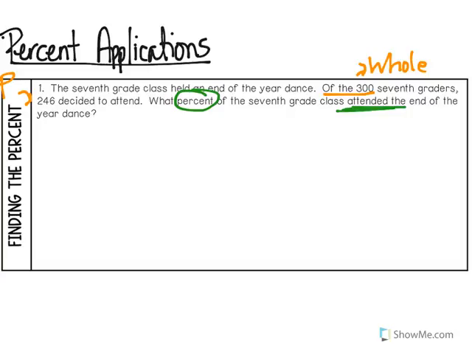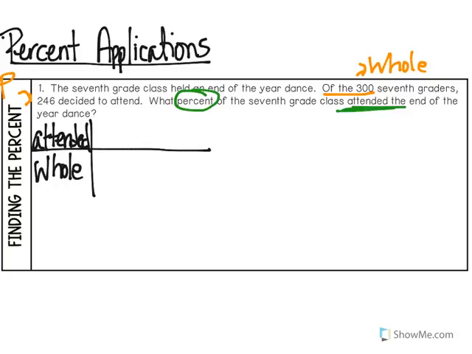So that tells us that when I make my ratio table, I want to know what is the percent that attended out of my whole, because the definition of a percent is part of a whole.